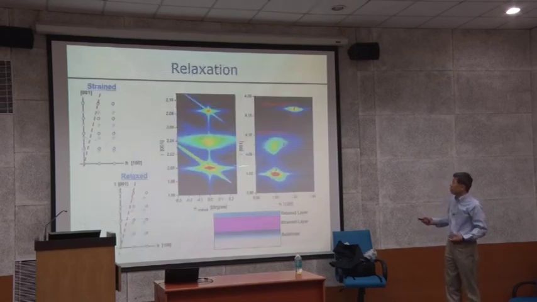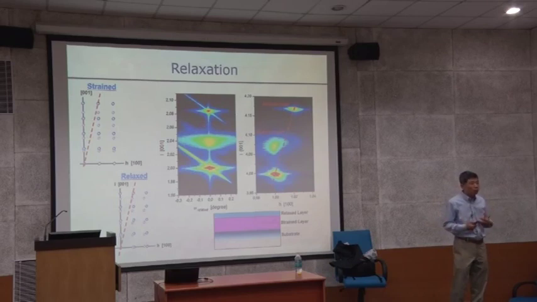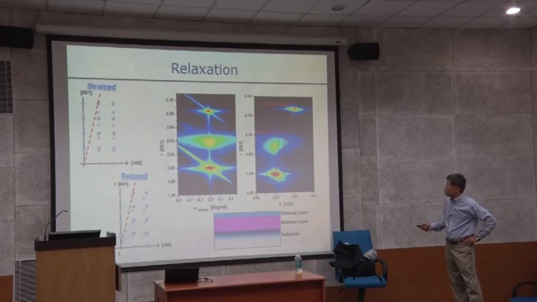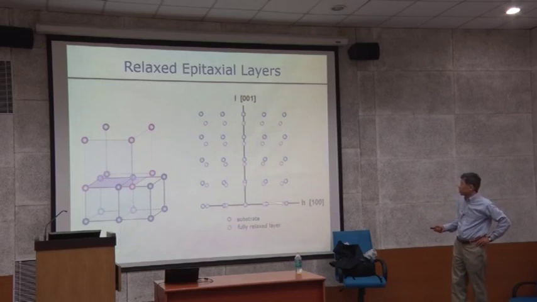Okay, so let me just show you the real data here. Later I'll show you very similar types of diffraction. Look at this. This one is basically H and L, same thing, L and H, same as H and L. Can you see that?